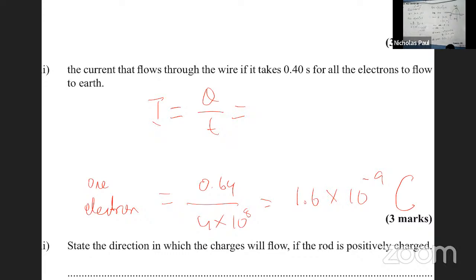From before, that was 0.64 divided by time, 0.4. How much is that? 1.6 amperes. Nice.